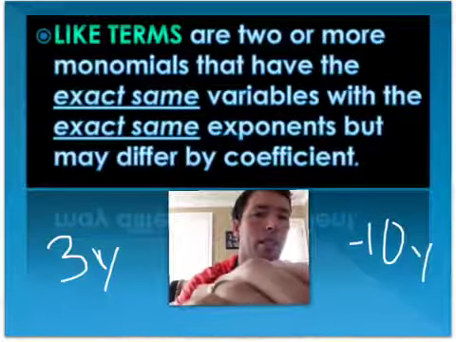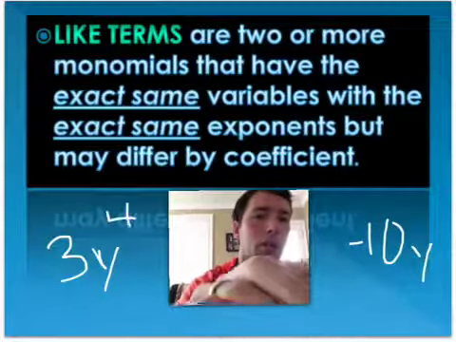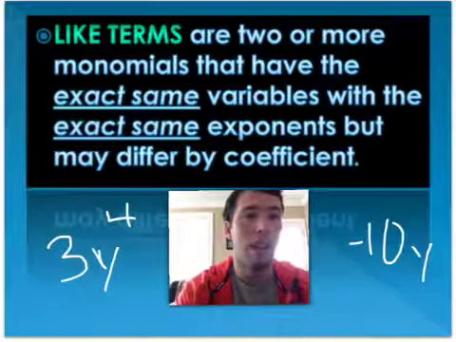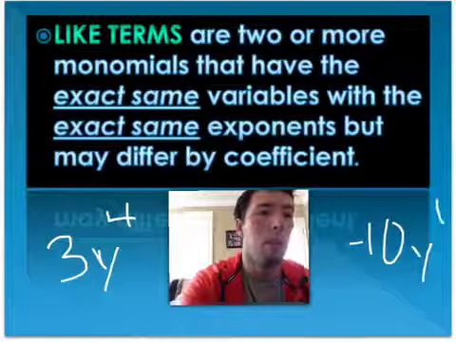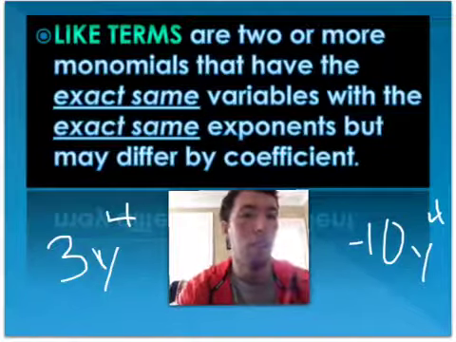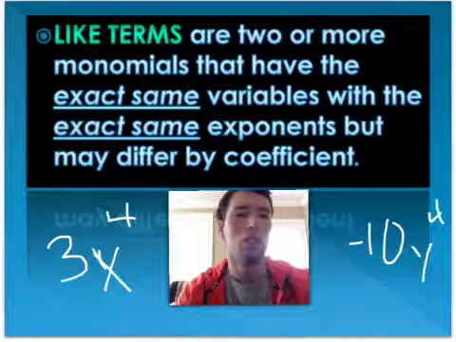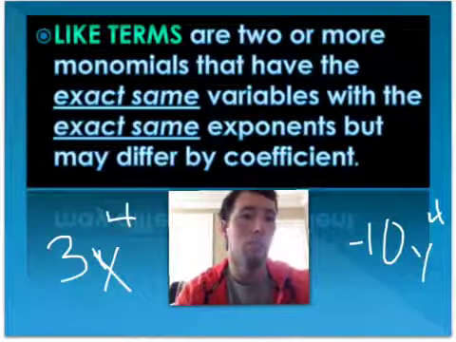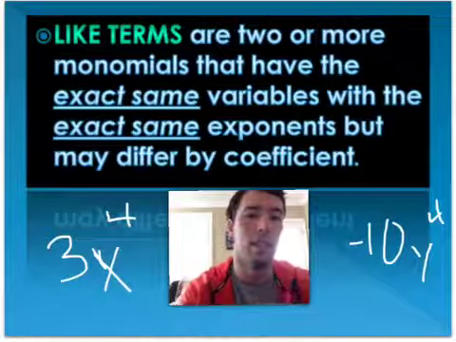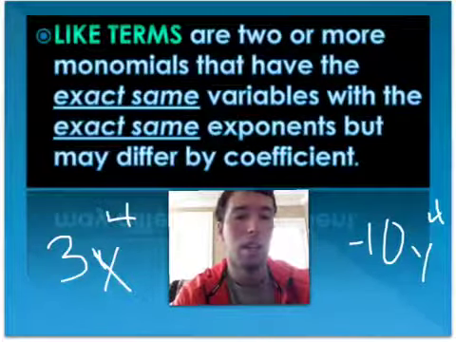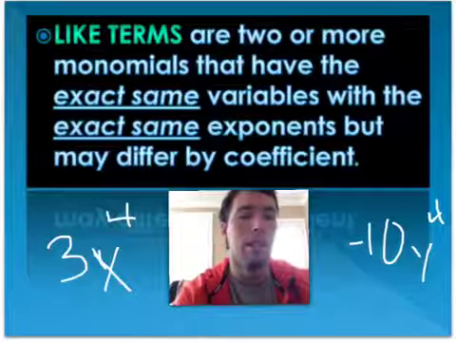If the y is to the 4th degree, now they're not like terms because they don't have the exact same exponents. But now it does, and I can combine them now. But what if the first one was an x? Now I can't. So you see, I have to have the same variable and the same exponents. All right, take note of that. And that will help you simplify polynomials and monomials together in different problems.